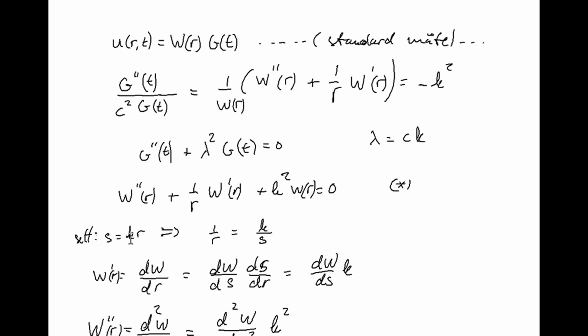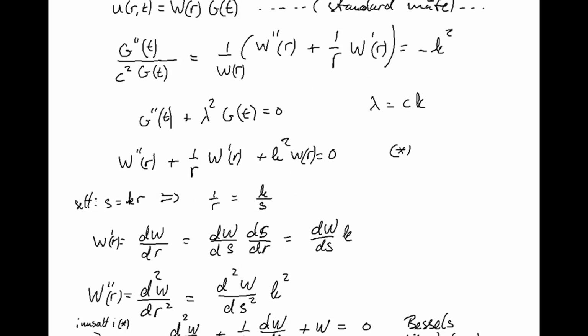If we use the following substitution, put s equal to k, the constant k, multiplied with the radius r, then we obtain that 1 over r is equal to k over s. And by differentiating, we obtain the following equation. So by using this substitution, we find the Bessel equation.